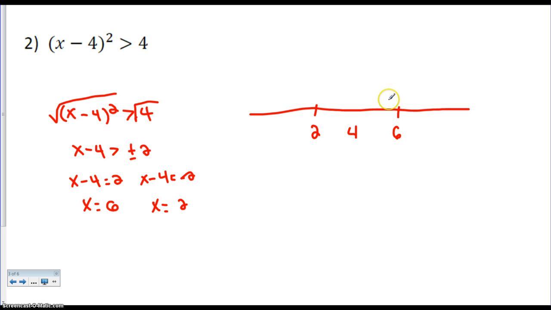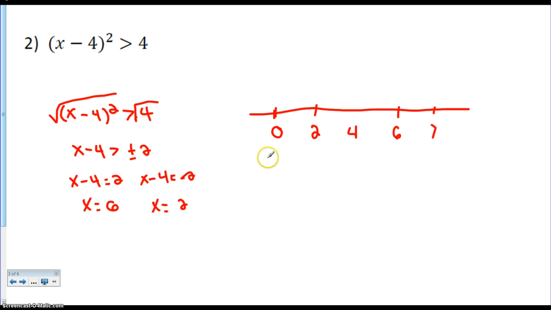And then I'm going to plug in 7, and I'm going to plug in 0. I can always plug it into the original inequality.